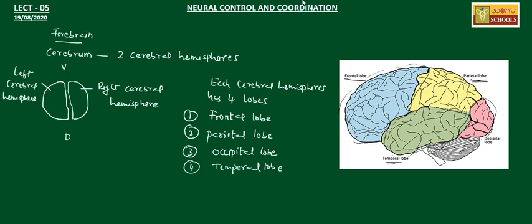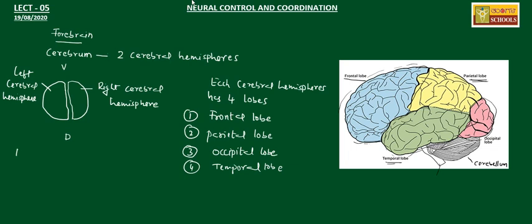Of course below this you have the cerebellum, and you are able to see even the spinal cord emerging, that we'll see later. So these are four lobes of the cerebral hemisphere. Now here the frontal lobe and parietal lobe.